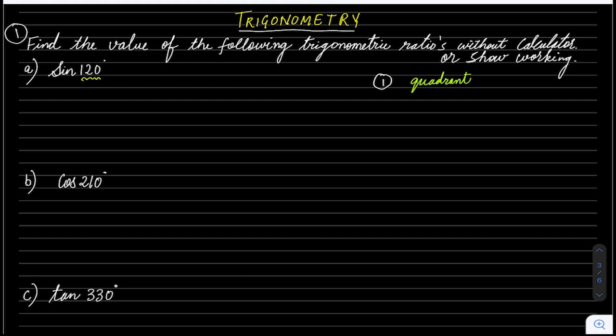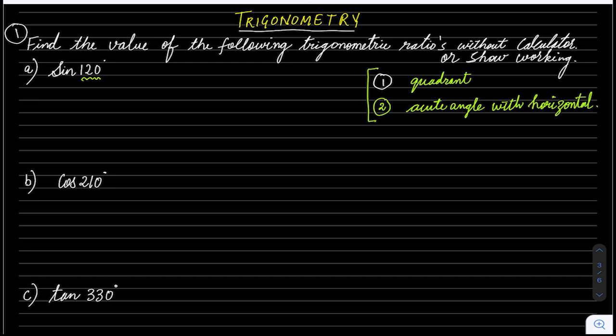Whenever an angle is given, you need to find in which quadrant that angle lies. The second thing you need to do is find the acute angle with the horizontal. So these are the two things you need to know before solving these questions: the angle with horizontal, and the quadrant. I think you already know these things.